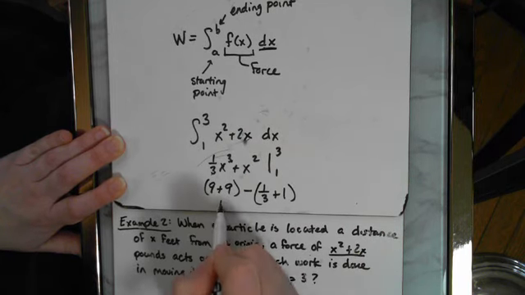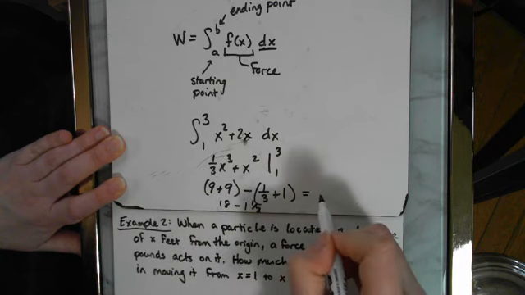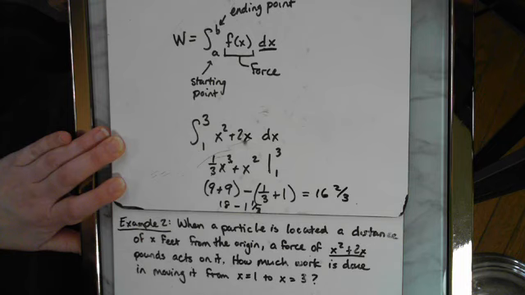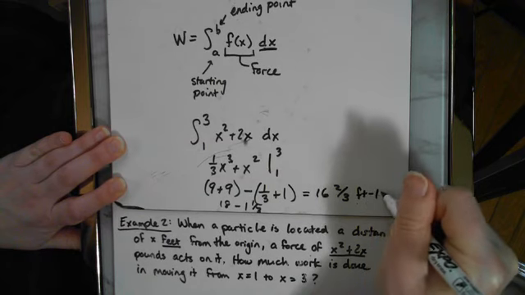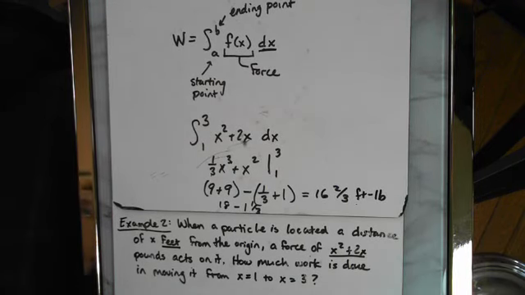So this is 18 minus 1 and 1/3, which is 16 and 2/3. Now we're working in feet, so this has to be in foot-pounds. So that's it for that example.